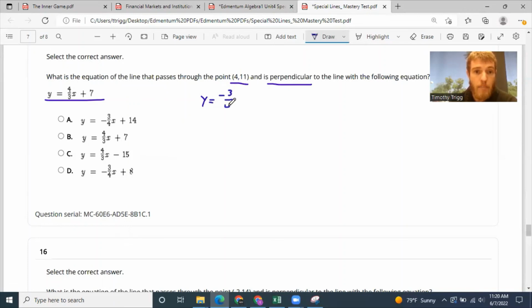Notice it's the opposite sign as this, and it's flipped, reciprocal. And then plus some y-intercept that we don't know yet. But it passes through the point (4, 11). So figure out which of these has a slope of -3/4 and goes through this point.